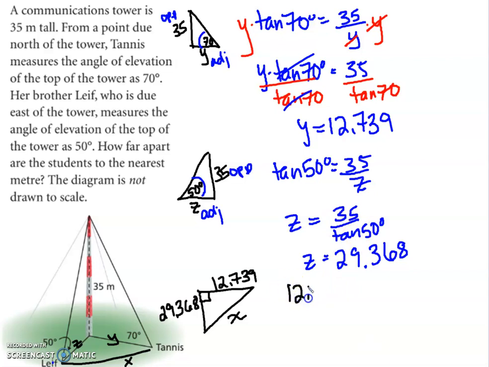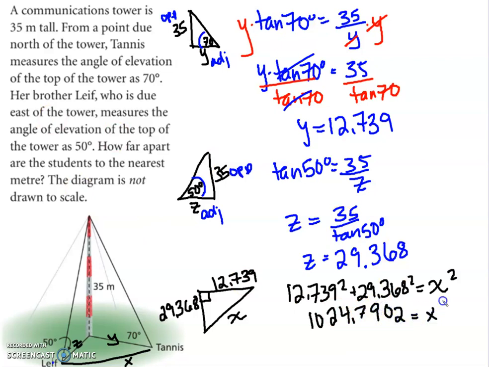So let's do 12.739 squared plus 29.368 squared is going to be equal to x squared. So I'm going to calculate each of those values squared, and I'm going to add them together. So I'm adding that 29.368 squared, and I'll add that 12.739 squared, which is going to give me approximately 1024.702 equals x squared.